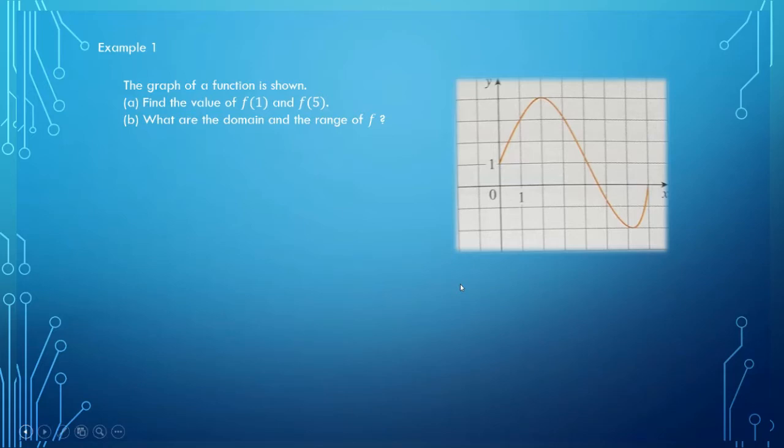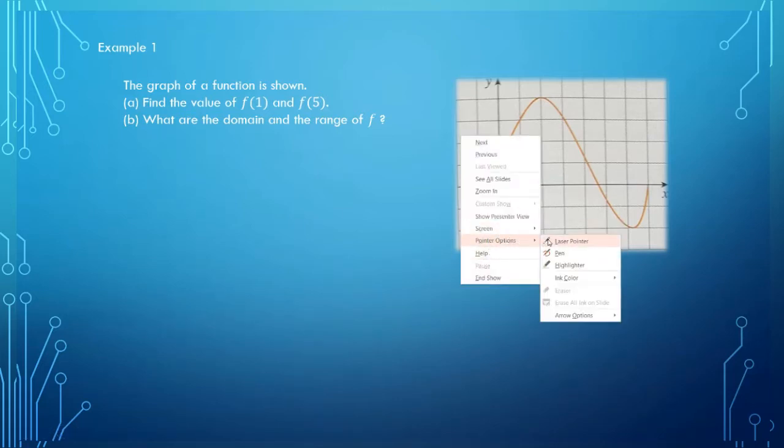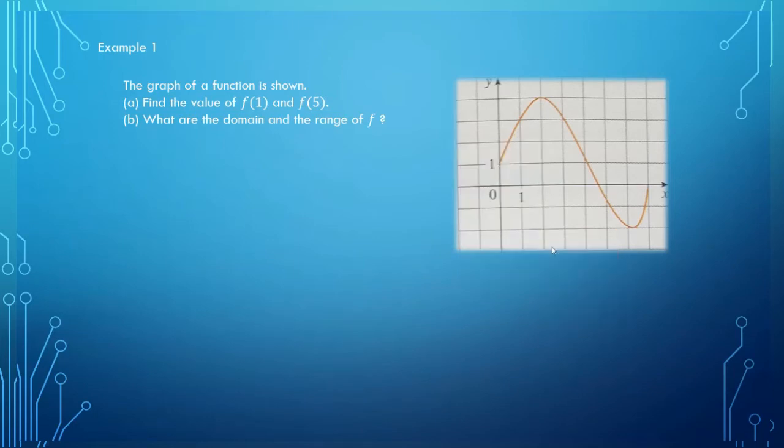So what we will do is go to x equal 1, and then see where the graph cuts, at y equal 3. So f of 1 equals 3.